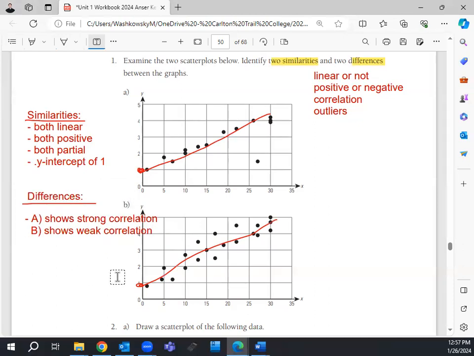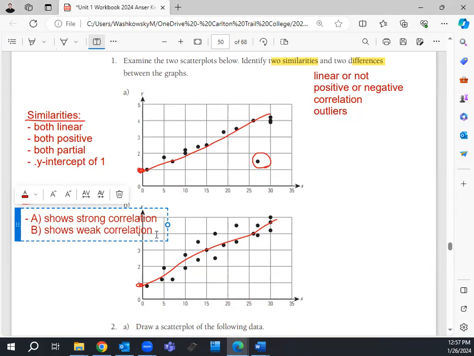So that's one of them. And one has an outlier. In the other one. Yeah, graph A here does have an outlier. And graph B does not.